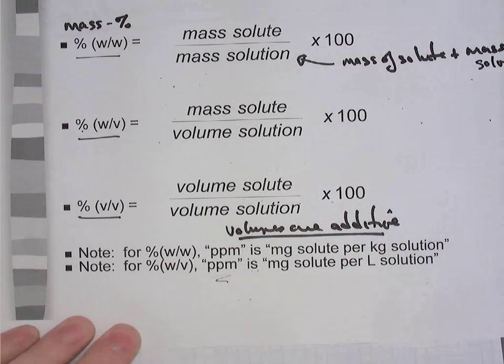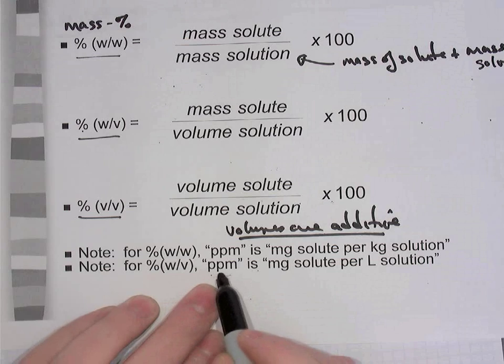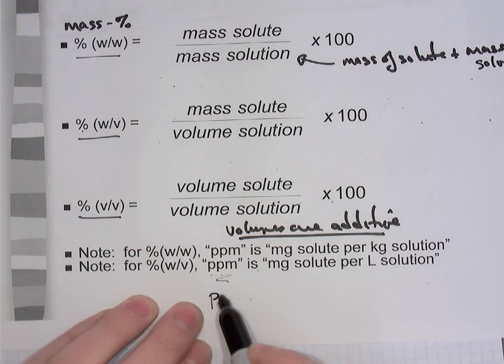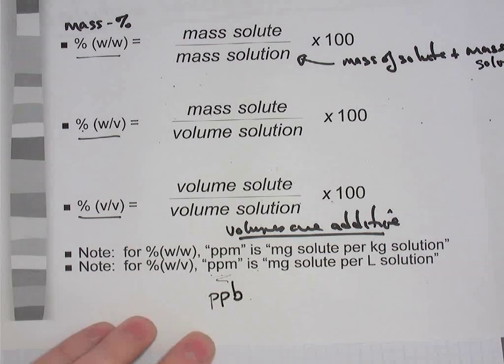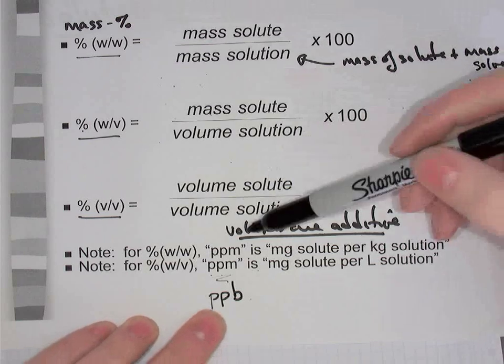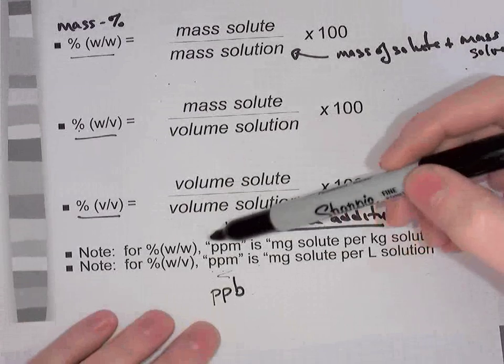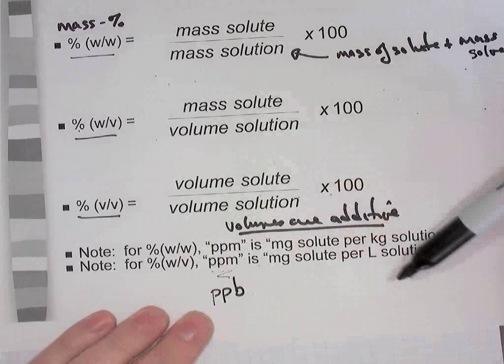You'll sometimes run across the unit of concentration ppm, which stands for parts per million. There's another one related to it, parts per billion, which you'll see as well, perhaps in an environmental science class or in a biology class. Parts per million can be interpreted in two ways. It can be interpreted based on mass percents or based on weight by volume percent.